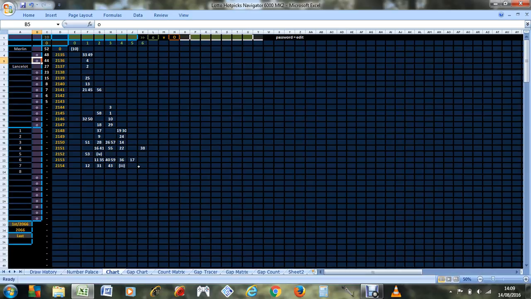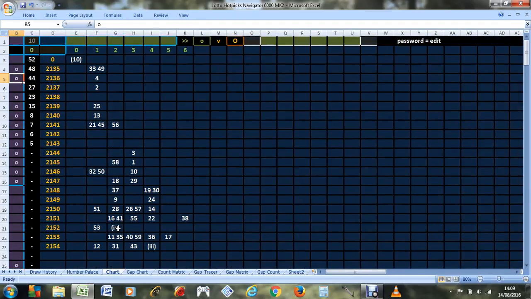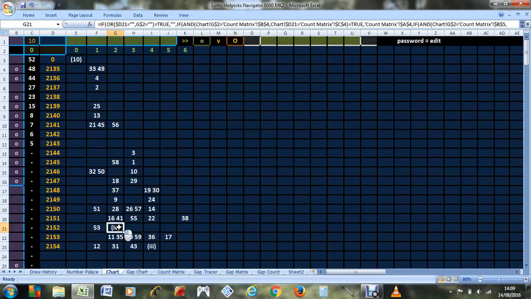So this is the chart just for Merlin and Lancelot. See here where we have numbers in Roman numerals. That just means that there are 4 numbers in that square, and the reason I use Roman numerals instead of listing the numbers is because I can't fit them all in. It just wouldn't look right.